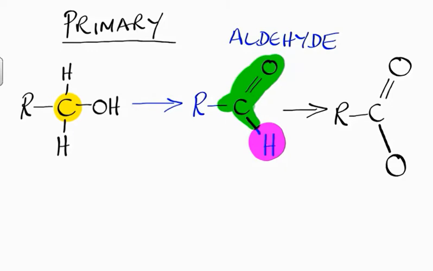This group we'll probably recognize as a carboxylic acid. So primary alcohols can be oxidized to aldehydes, which can in turn be oxidized to carboxylic acids.